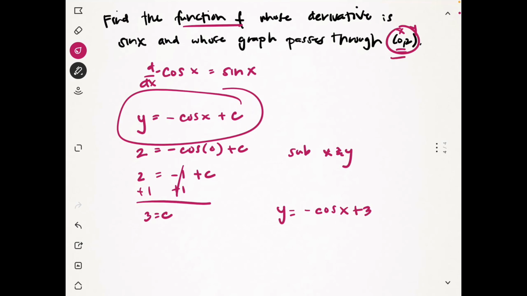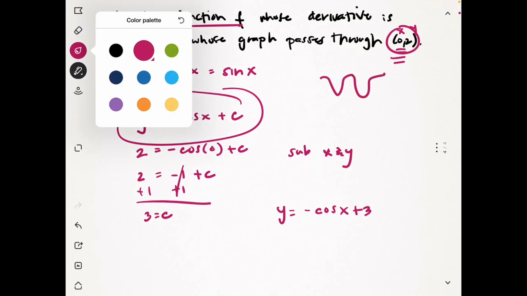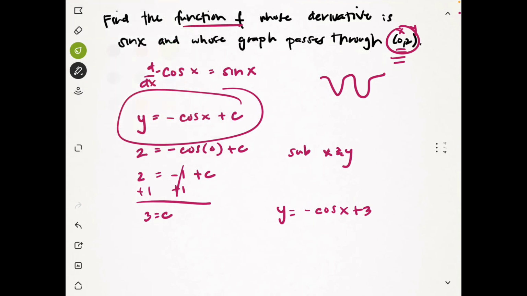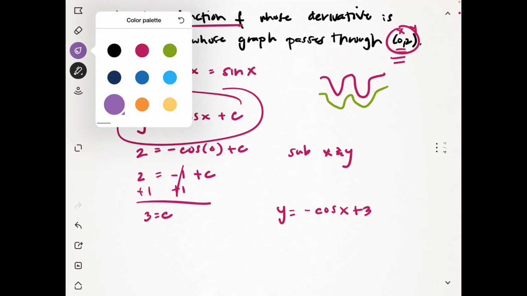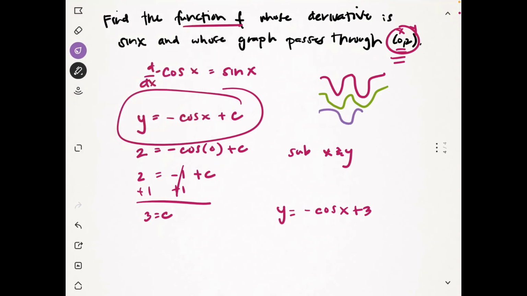So when they give us the specific graph that they want us to go through, then we have to find the value for c. If I graphed a bunch of cosines, or they should actually be negative cosines, but you understand what I'm saying, these are all graphs with the same derivative because they only differ by a constant.